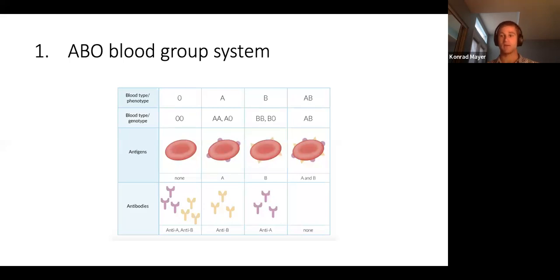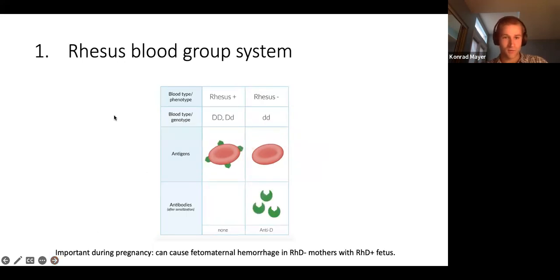The next system is also important, but in emergencies can be forgotten, I'll say, but it is very important when it comes to pregnant women and fetal-maternal blood exchange. So, moving on from the AB0 system to the one for the pregnant women, which is the Rhesus blood group system.